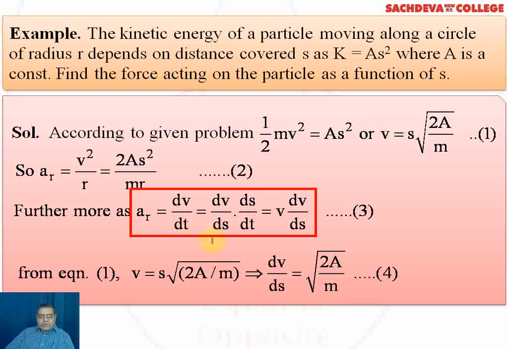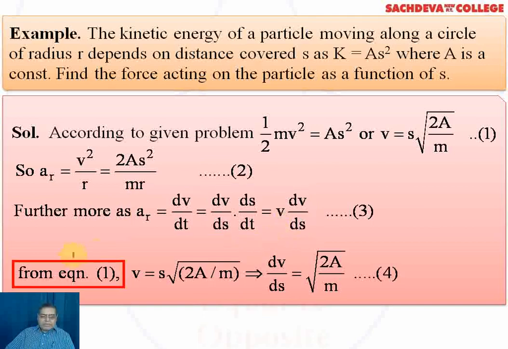First we write the derivative of velocity with respect to s, then multiply it by the derivative of s with respect to time. This type of function is called an implicit function. We have to take the derivative of the implicit function. So v is taken out common, and we have written dv over ds.